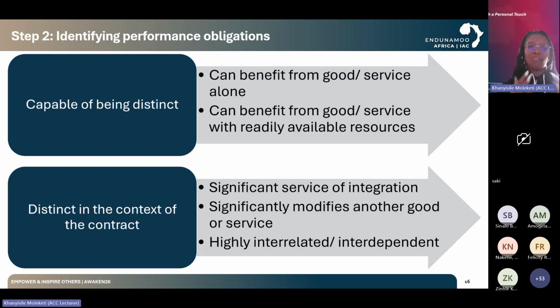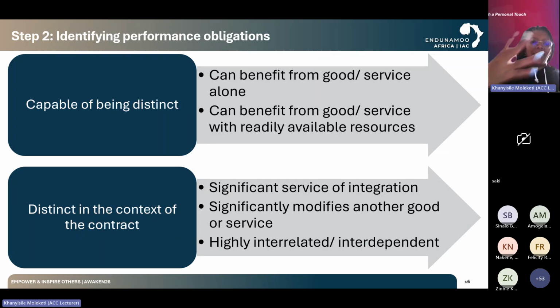So as an entity, we make lots of promises to customers, right? But the key thing is to assess which of those promises represent something that is distinct. It's a distinct good or service that we can actually transfer control over to the customer. Meaning it's something that we can deliver and the customer can use.